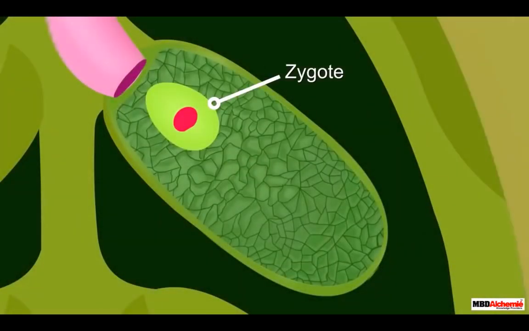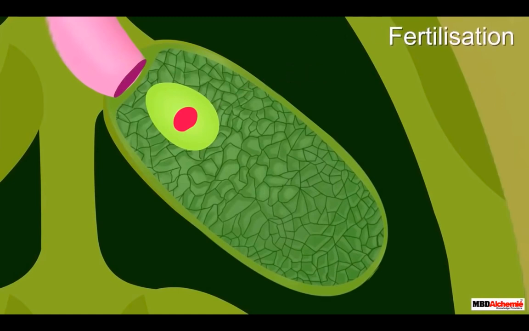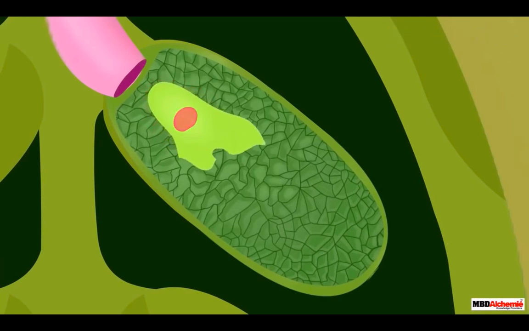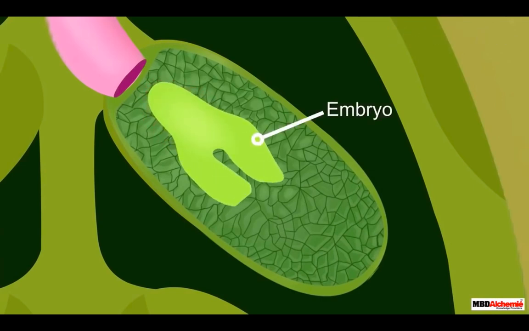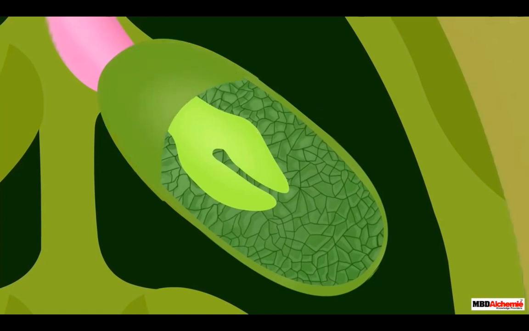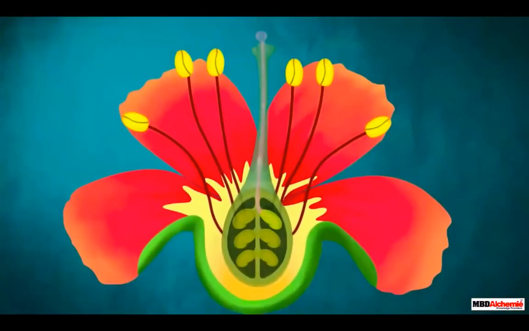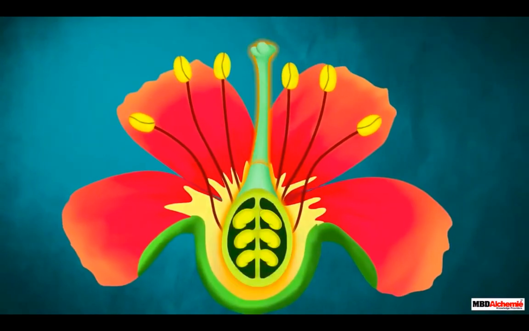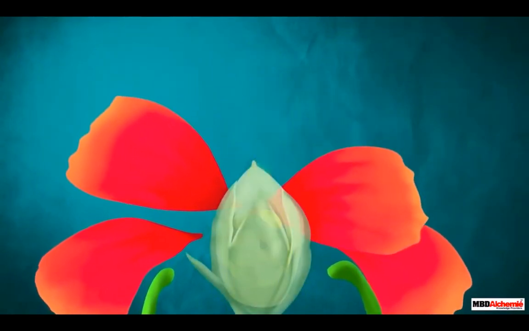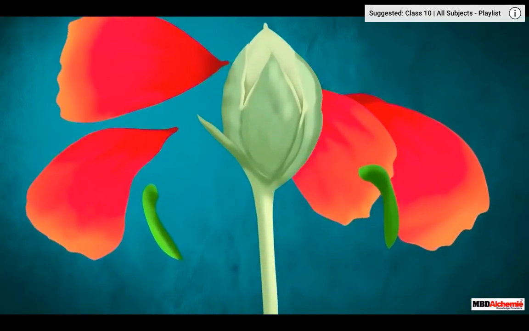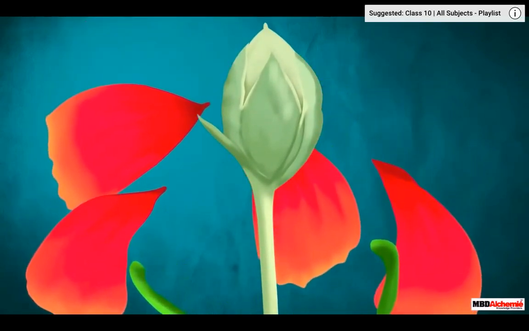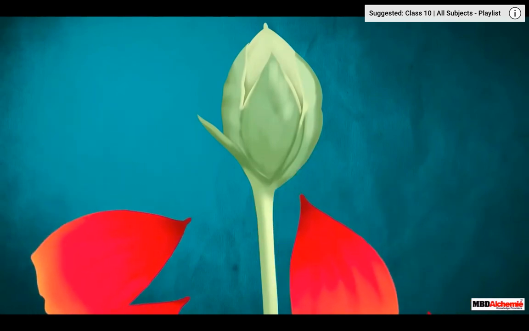This process of fusion of male and female gametes is called fertilization. The zygote formed after the fertilization then divides several times to form an embryo inside the ovule. The ovule develops a tough coat and changes to a seed. The ovary, on the other hand, ripens and forms a fruit around the seed. At this time, the other parts of the flower, like the sepals and petals, fall off.